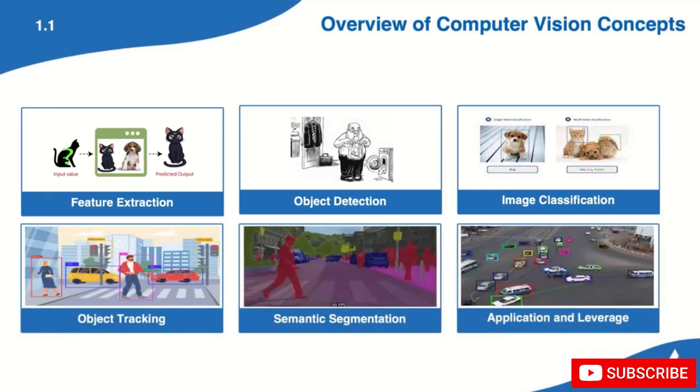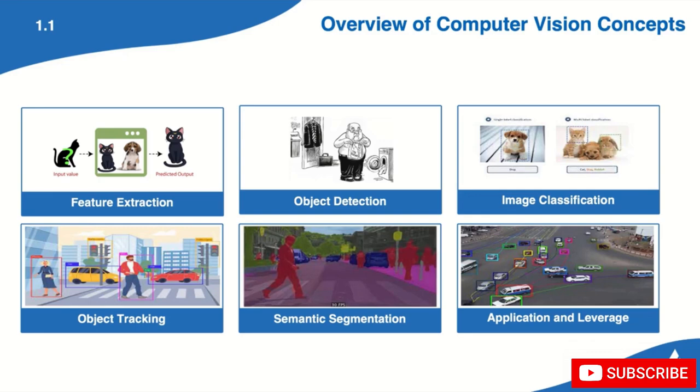Object tracking. This involves the ability to monitor and trace the movement of objects as they traverse through consecutive frames of the video. Semantic segmentation. This is a technique which takes object analysis to a whole new level. It does this by labeling each and every pixel within an image with its respective category.